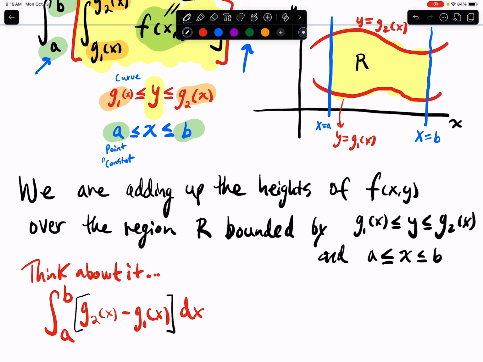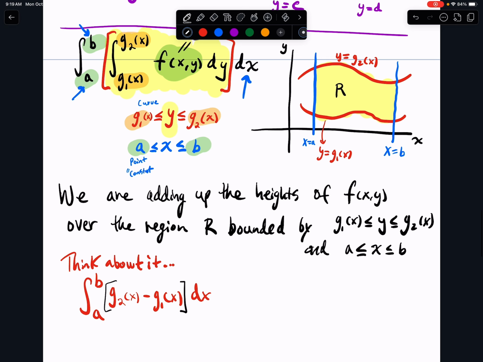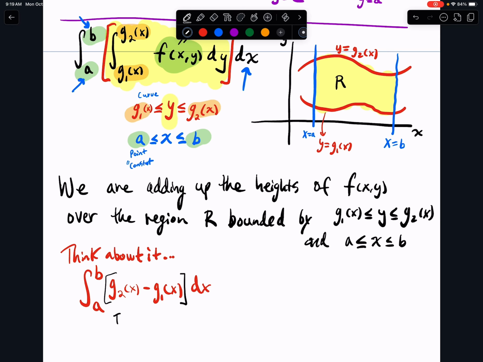When we had two functions and we were subtracting, what did we think about it as? We thought about it as top function minus bottom function. Yeah? Okay? And so when we did this, it would produce a region that looks kind of like that. Right?